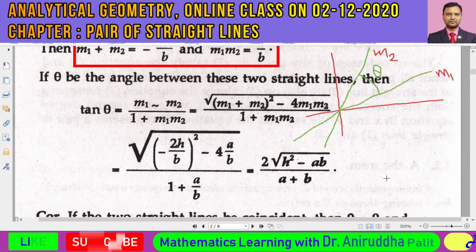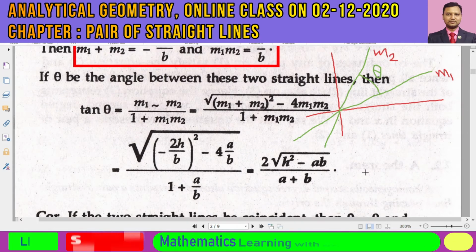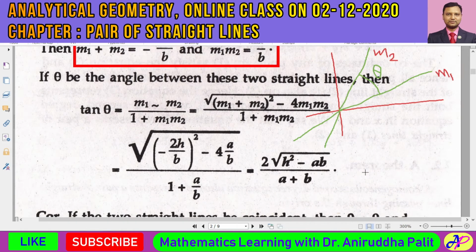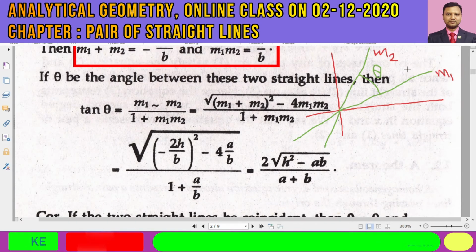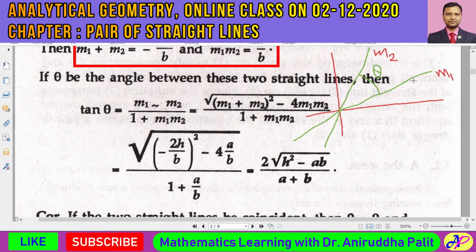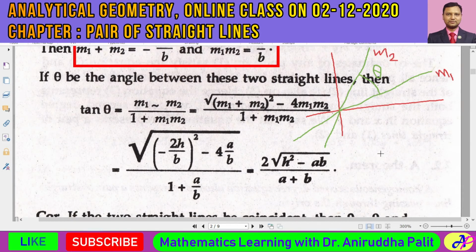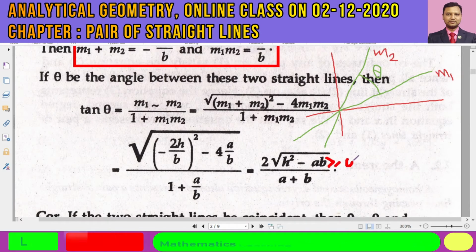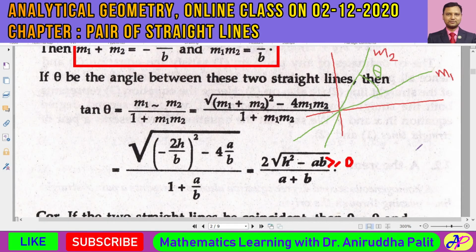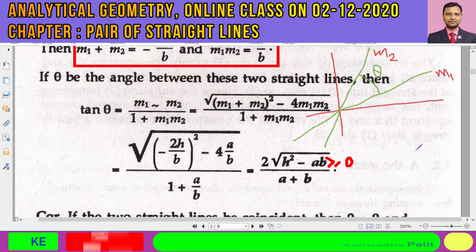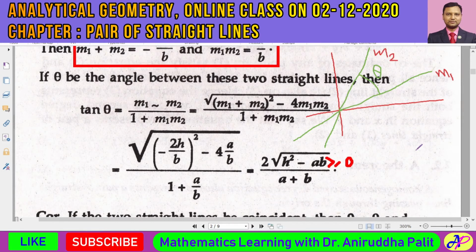Again you see we have the expression root over of H square minus AB, and I told you that M1 and M2 would be two real straight lines whenever H square minus AB is greater than or equal to 0. So if this quantity is greater than or equal to 0, in that case tan theta would be a real number.